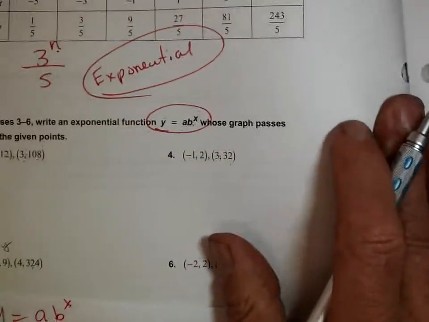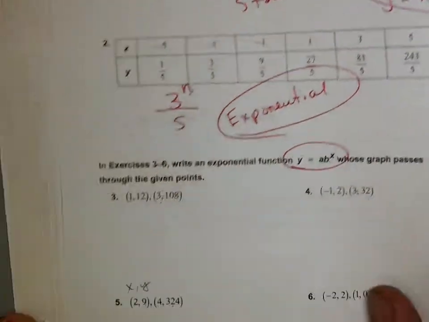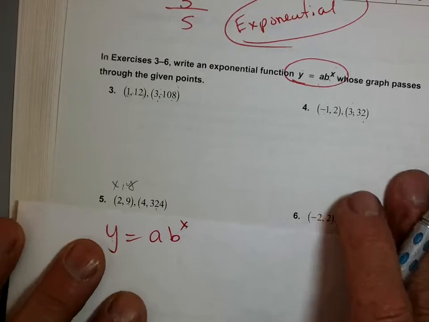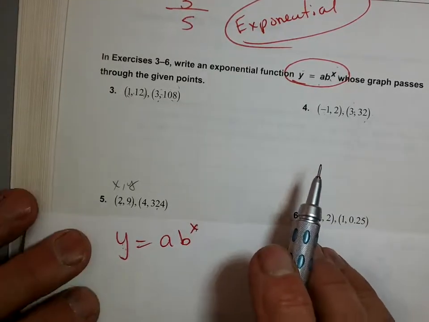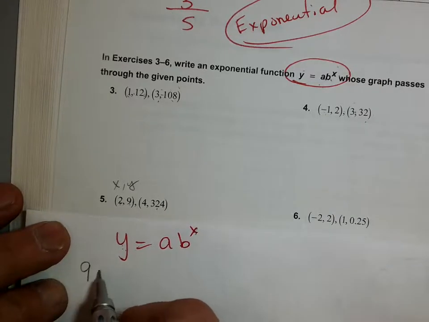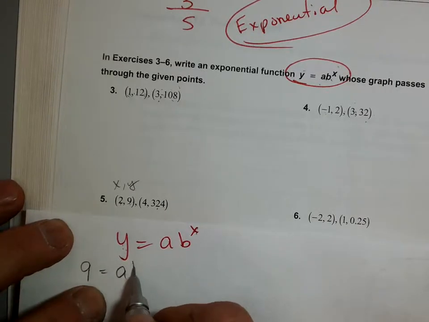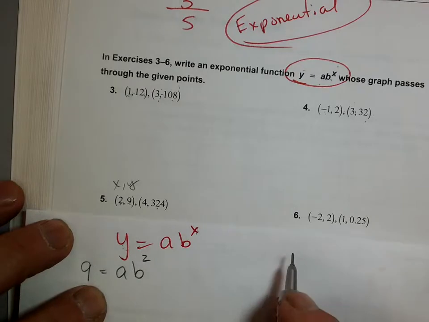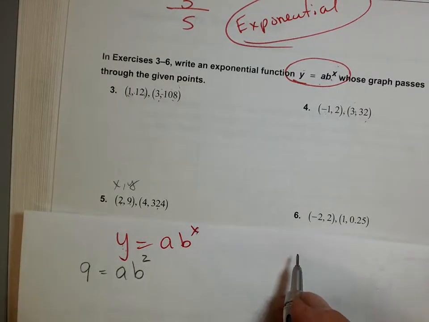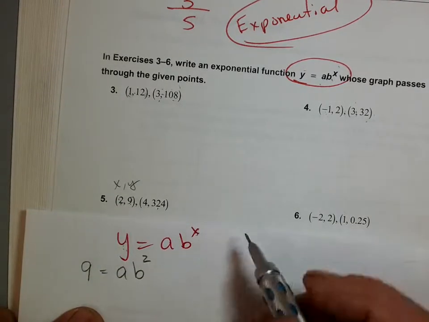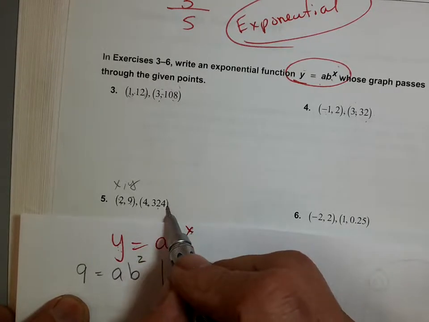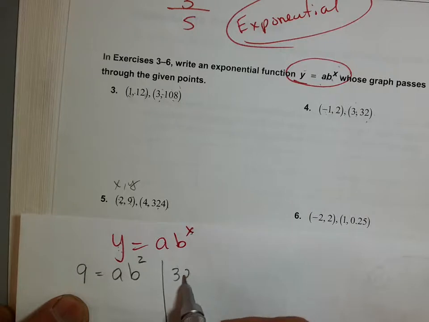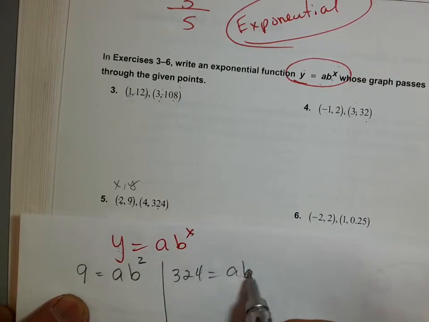So first equation is going to be 9 equals ab to the 2nd power. Second equation: 324 equals ab to the 4th.